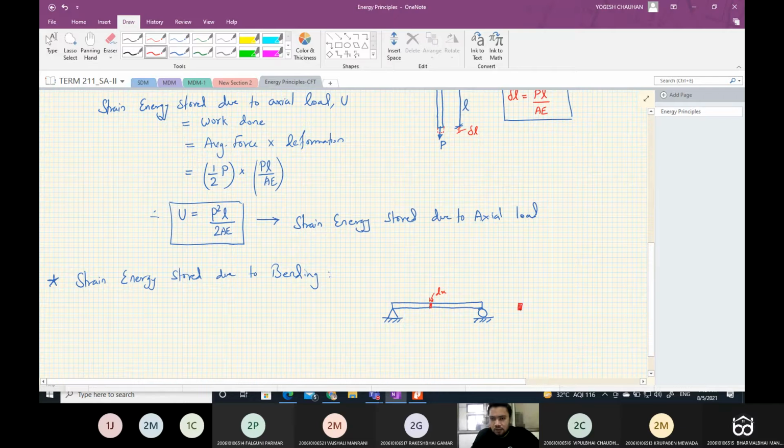This is the cross section of the element. Okay. Wait a minute.